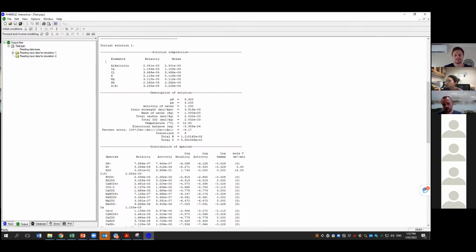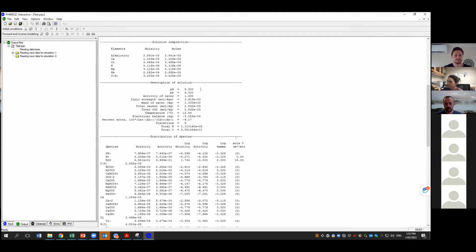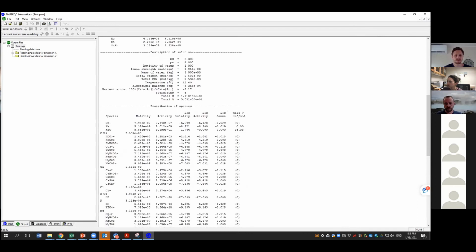So these are our mole balance expressions getting set up here. And then there's the general description of the solution here, pH 8.3, PE of 4. PE is this electron activity term, and it's saying, I'm assuming that the solution is fairly oxidizing. Okay, so present in an atmosphere with oxygen, which is a fair assumption probably.